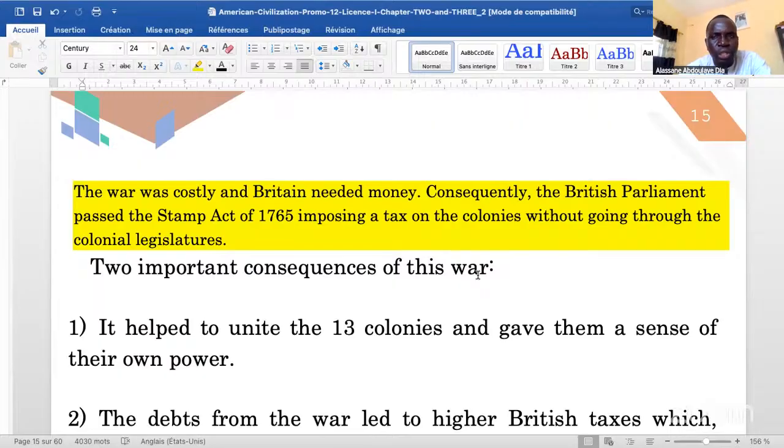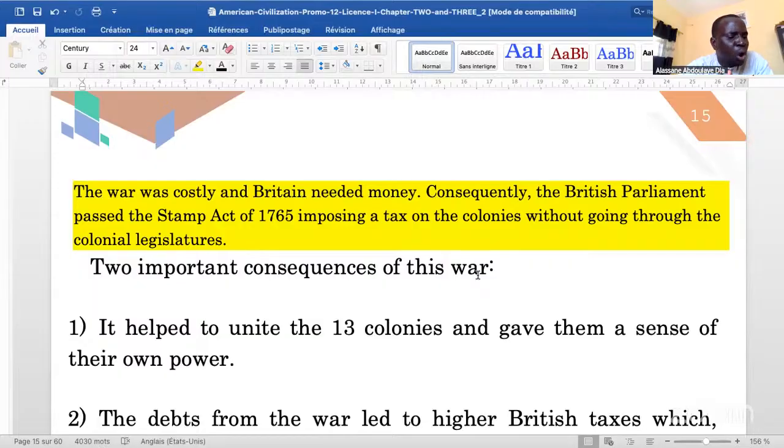That is a question. So consequently, the British Parliament passed the Stamp Act of 1763, imposing a tax on the colonies without going through the colonial legislatures. What does it mean? Britain had a war with France, and they won the war, they dominated, and they occupied some French territories.